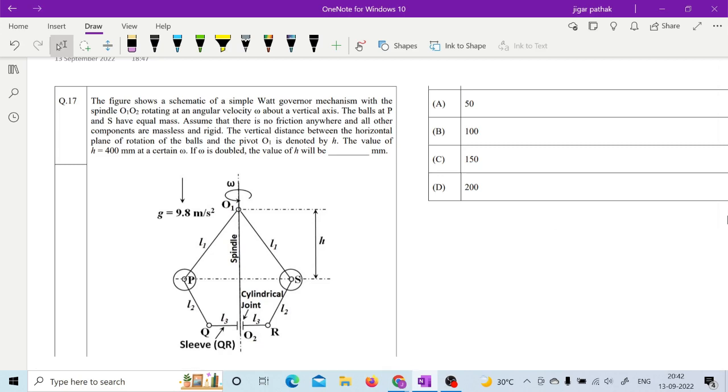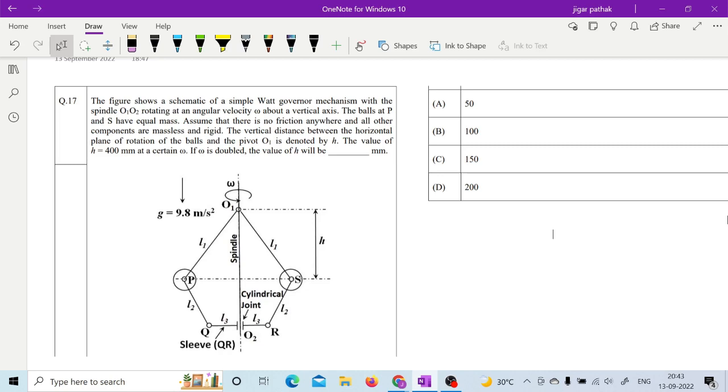Now the balls at P and S have equal mass. Assume that there is no friction anywhere and all other components are massless and rigid. Now the vertical distance between the horizontal plane of rotation of the balls and the pivot O1 is denoted by h. The value of h is 400 mm at a certain omega. If omega is doubled, the value of h will be how much, right?